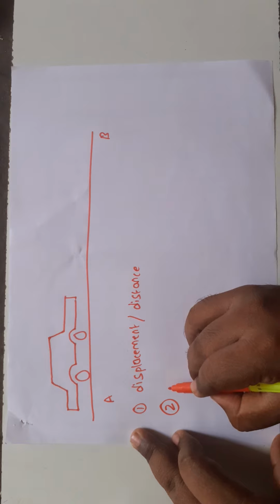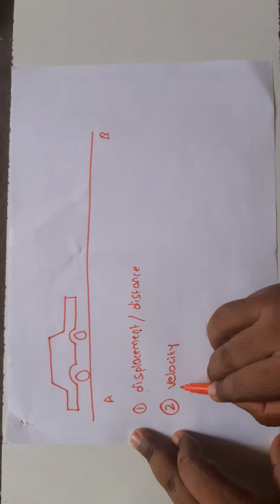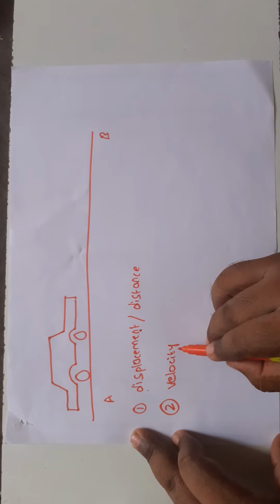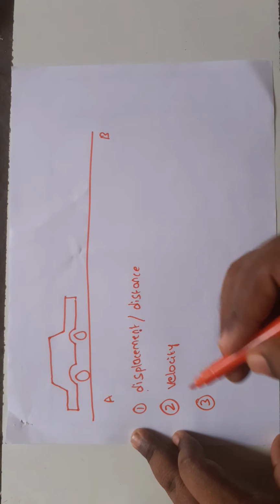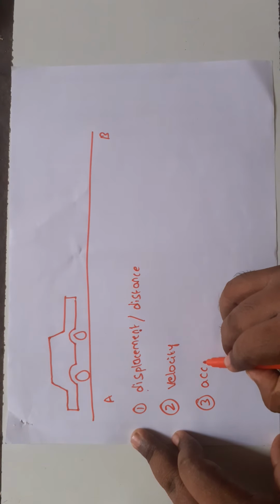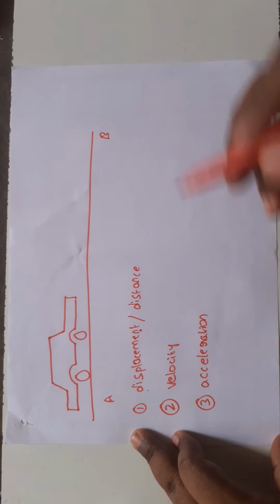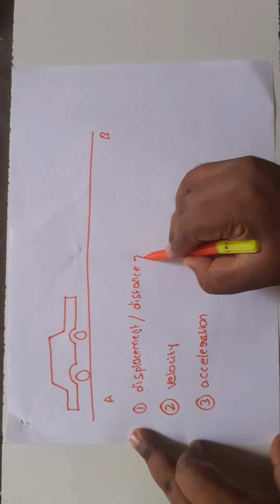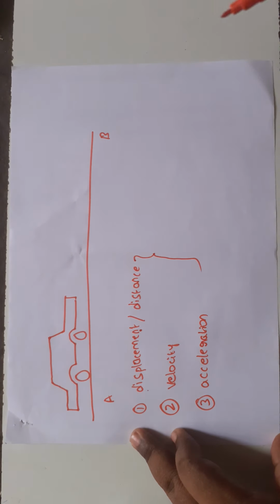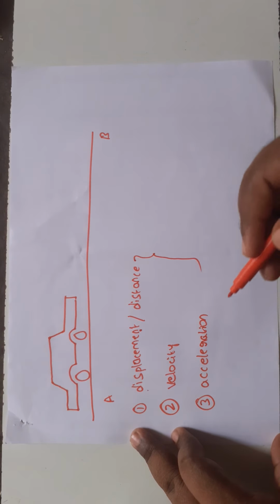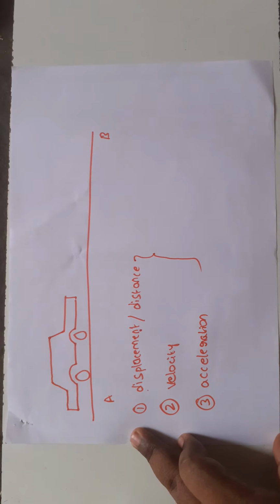Next physical quantity, velocity. If you know the displacement, we can automatically calculate the velocity of the car. Next, if you know the velocity, we can automatically calculate its acceleration. Okay. These are all physical quantities when a body is in motion. Using these physical quantities, we represent some equations.